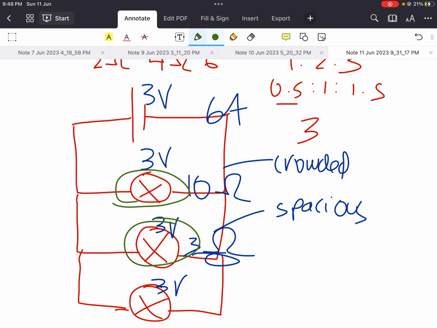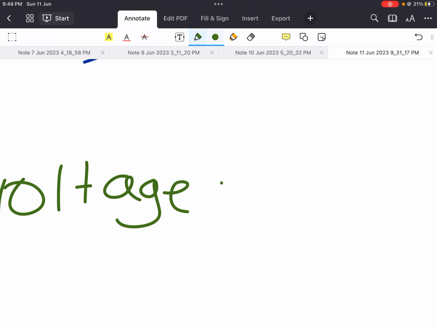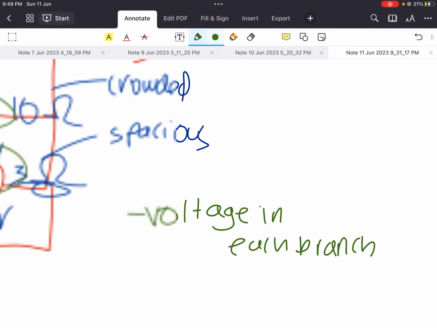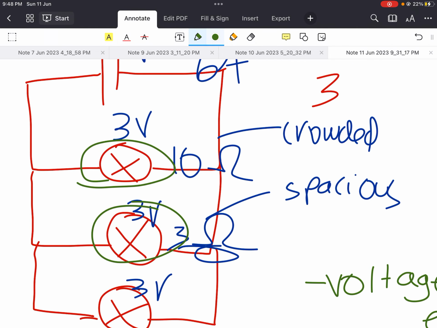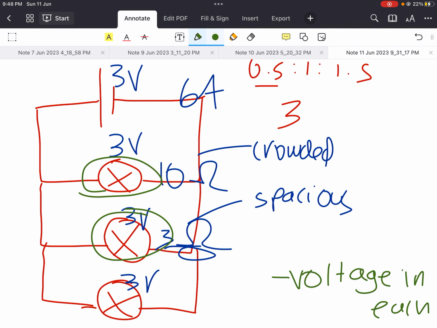So as you can see, the voltage in each branch is constant. Let's write this down. Voltage in each branch, same. Voltage does not depend on resistance. You might have a 10 ohm filament bulb and a 3 ohm filament bulb in parallel, but they're both getting 3 volts.